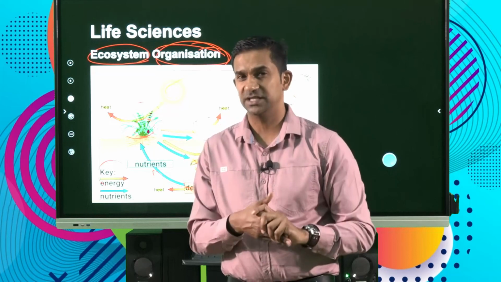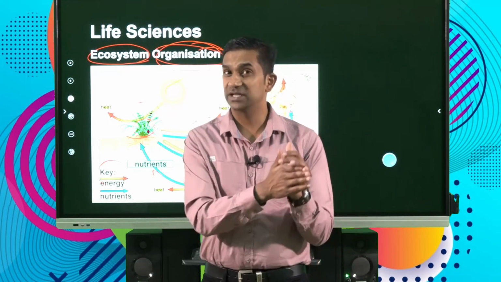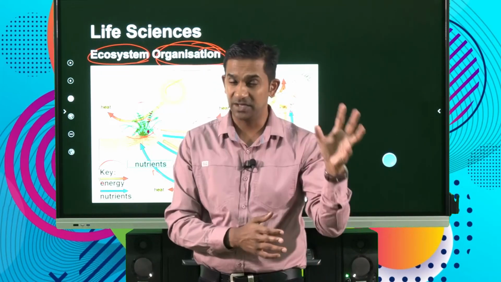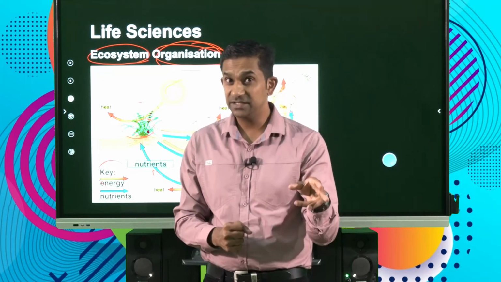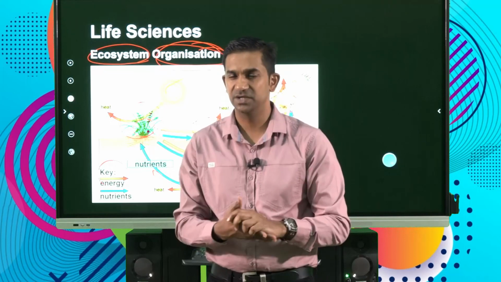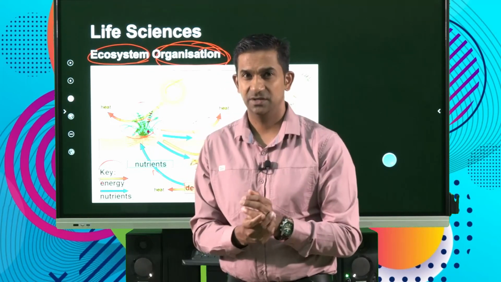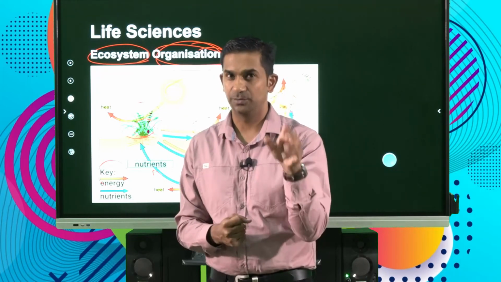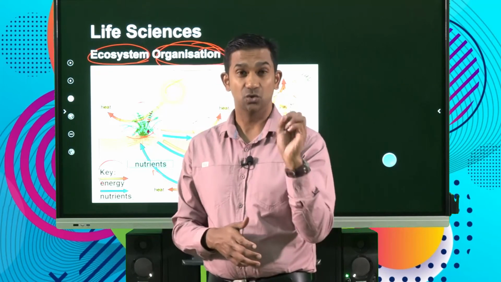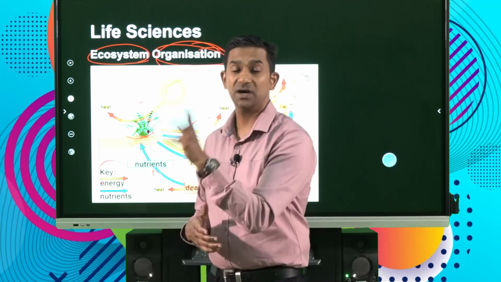And finally, we went on to discussing the living components in an ecosystem, and that we looked at from your producers, which were plants, and we refer to them as your autotrophs, to your primary and secondary consumers, which we refer to as heterotrophs. We also coined the terms primary consumers and secondary consumers. Amongst them, we looked at your predators, we looked at your omnivores, and we looked at your carnivores.